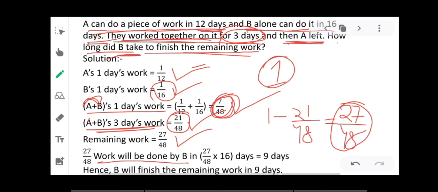That means 27 by 48 divided by 1 upon 16. This 1 upon 16 is the 1 day work of B. So 27 by 48 into 16, this is 9 days. Clear?